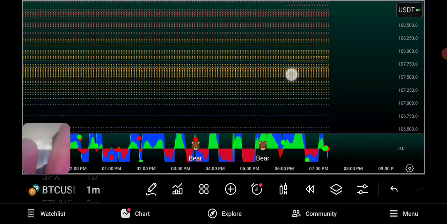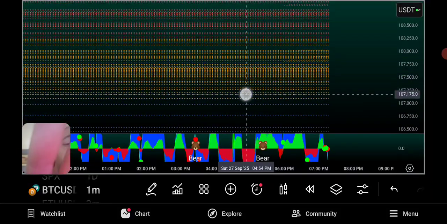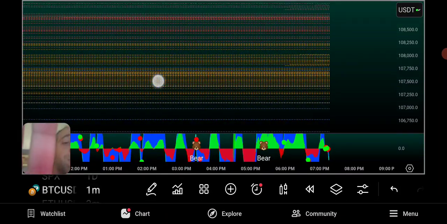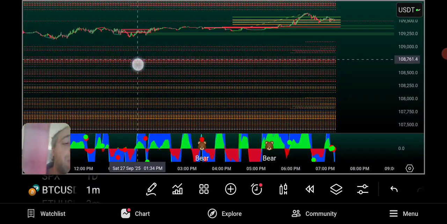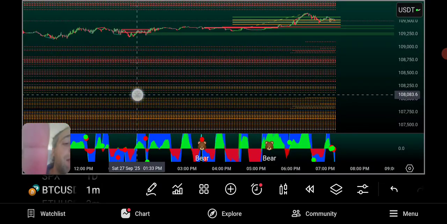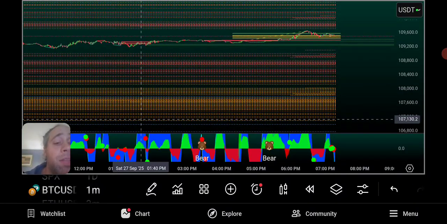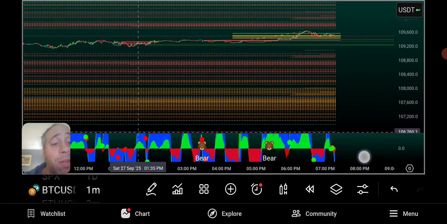Then our next target is at about 108 to 107. So the first target is 109 to 108. That's the highest liquidations there, highest leverage. 108 down to 107 is kind of a secondary target.